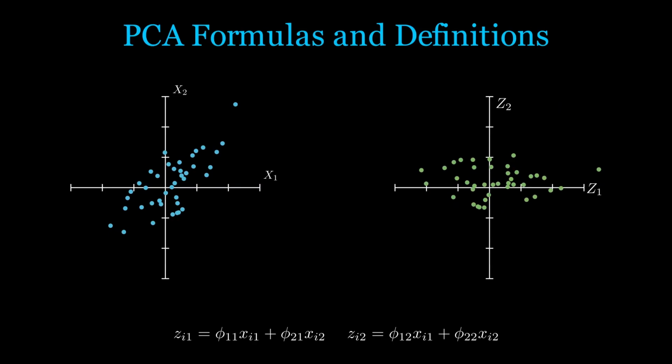Notice how the data is now uncorrelated, and the first component, z1, aligns with the direction of maximum variance. It's more spread out since it explains more of the variance in the data. Keep this in mind as we'll come back to it very soon. Consequently, z2 is more concentrated since it explains less of the variance in the data.